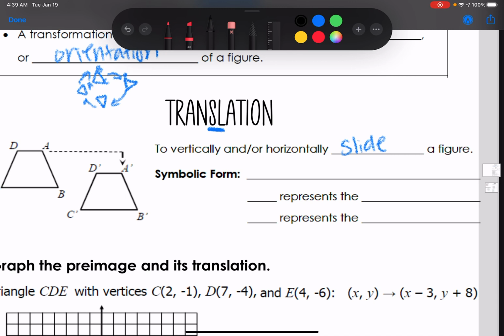So the symbolic form for this, or the algebraic form, is (x, y) goes to (x plus h, y plus k).